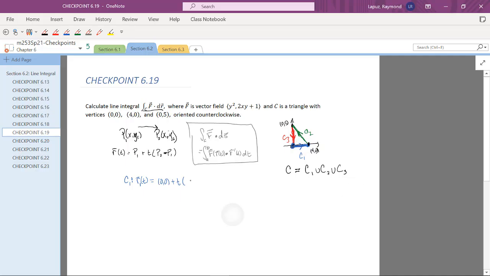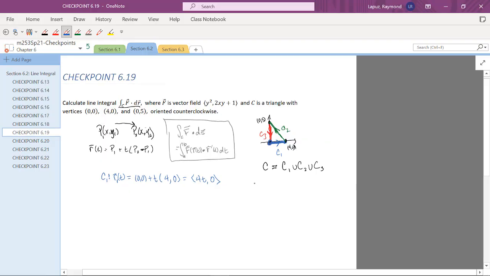So the 4 minus 0 will be in the x component, and the 0 minus 0 will be in the y component. This gives us a parameterization of 0 plus 4t, comma 0 plus 0. So that's a fairly simple parameterization. And by the way, when we parameterize this, t is always going to go between 0 and 1.